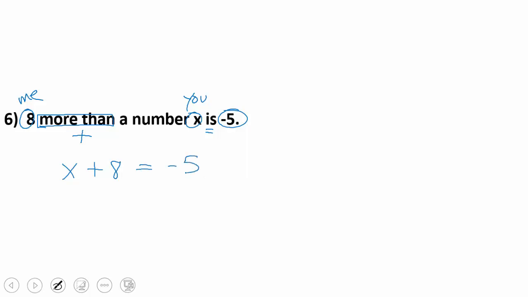Is negative 5. Now what are we doing with our variable x? We're adding 8. The inverse of that is to subtract 8. So I come over here and I subtract 8, and I get x plus 0. We know the identity property says I can drop the 0. And to keep it balanced, I do it to both sides. Negative 5 plus 8. I'm adding opposites, so I subtract, 8 minus 5 is, oh, excuse me, I'm not adding 8.